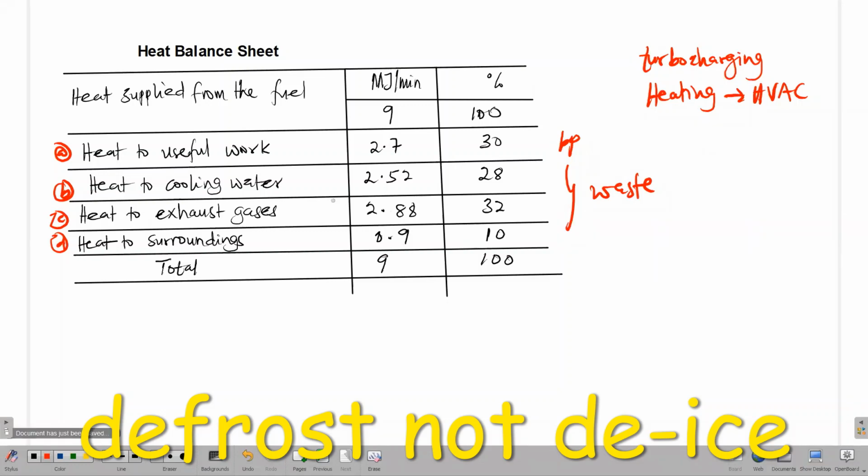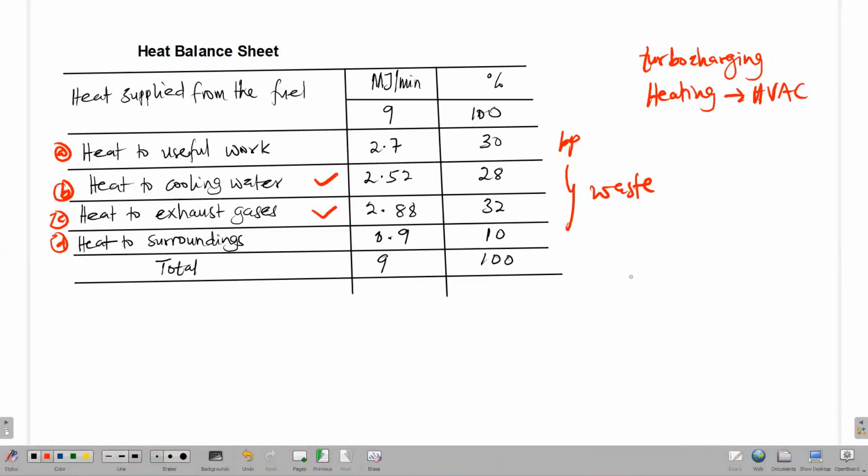So we can use the cooling water heat or the exhaust gas heat to be able to do that. And many more other technologies are in effect in an attempt to make use of this heat so that it doesn't go to waste. That is all for heat balance.